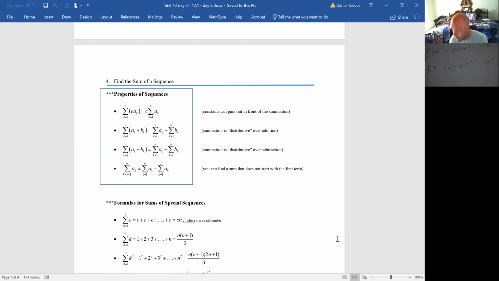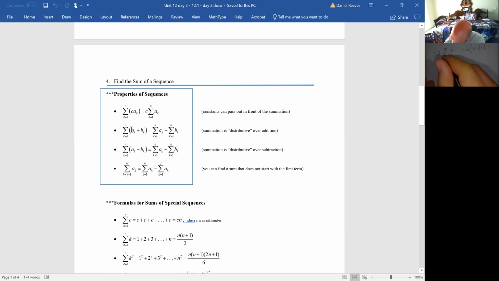Next, if the argument of sigma, by which I mean what is inside sigma here, I think you guys can, no, probably can't see that screen. Probably can see this one. What's inside these parentheses here is a sum. You can split it up into two different sigmas.